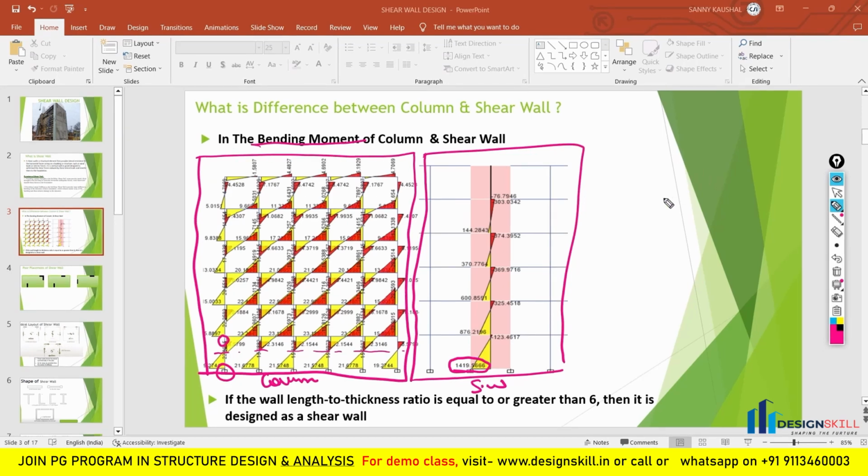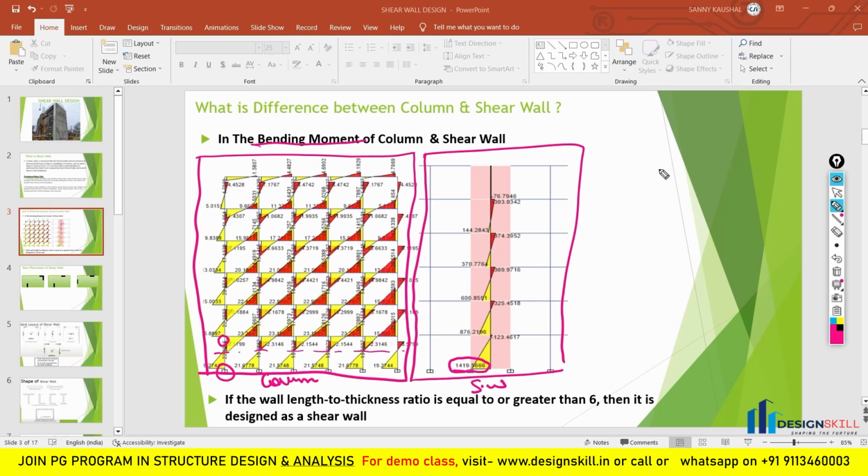We can conclude here that in the column the formation of plastic hinges or yielding will be at the bottom or at the top of the story. So the formation of plastic hinges or yielding will be at the top and the bottom of your columns when lateral forces are induced in the columns.